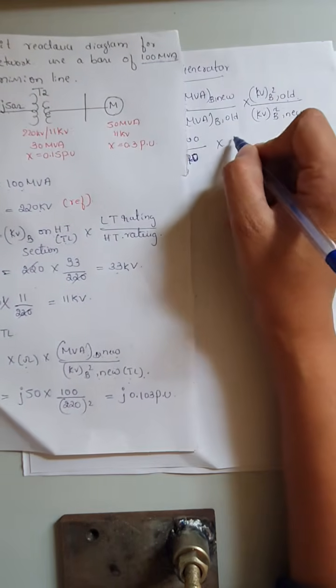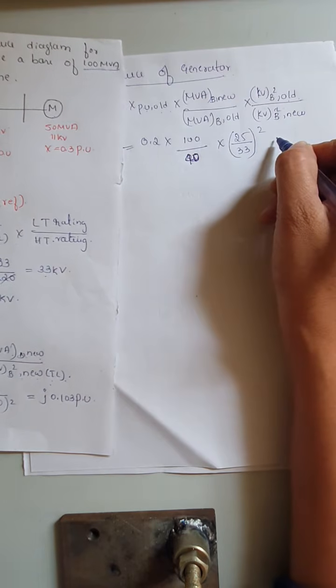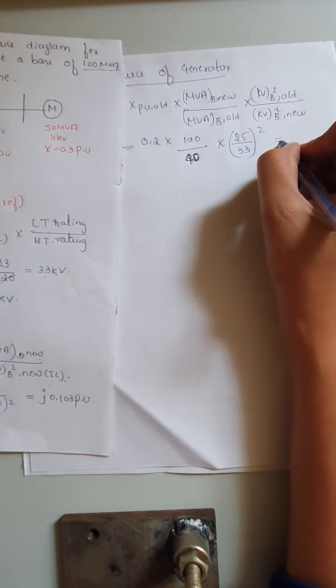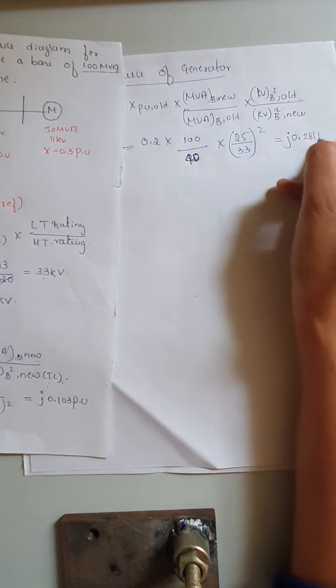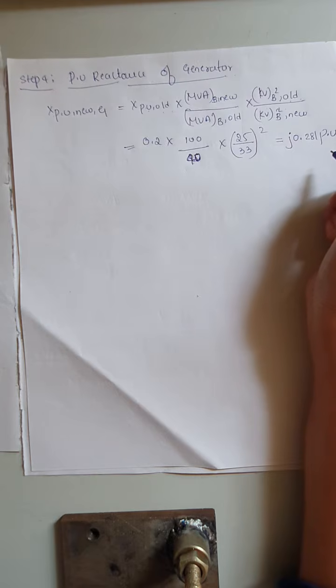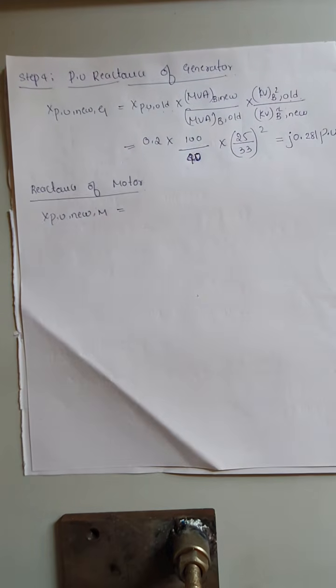So we will write 25 divided by 33 whole square. After substituting this, we will get the answer as J0.281 per unit.